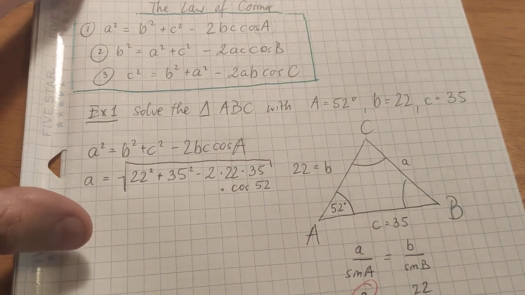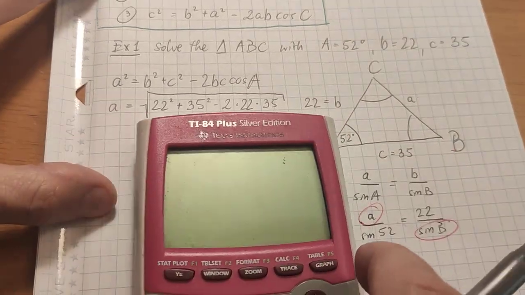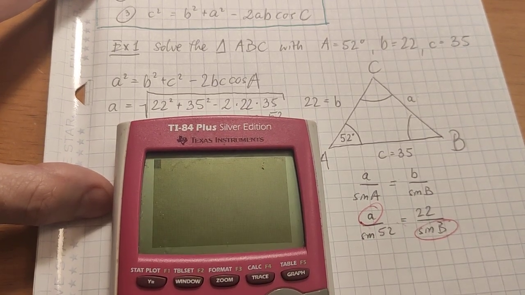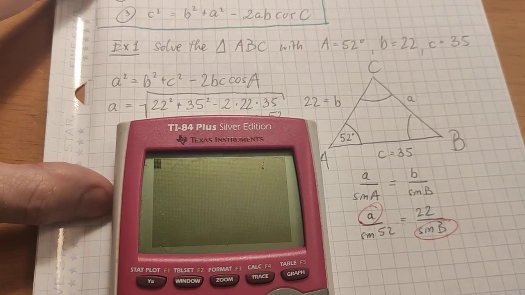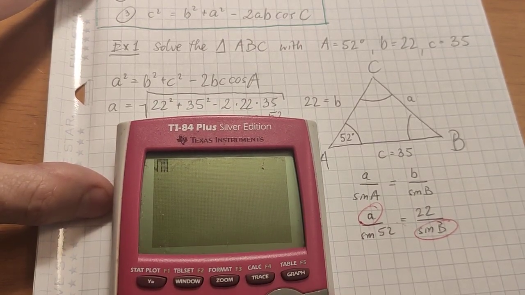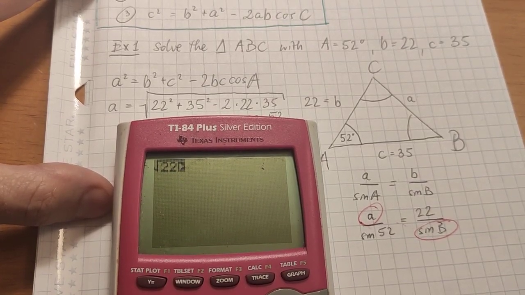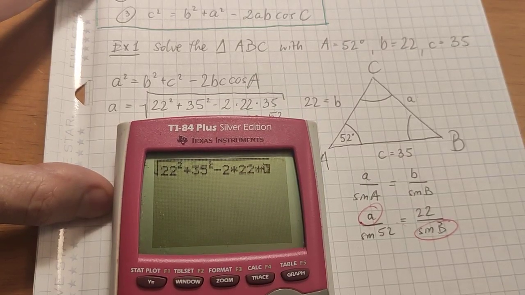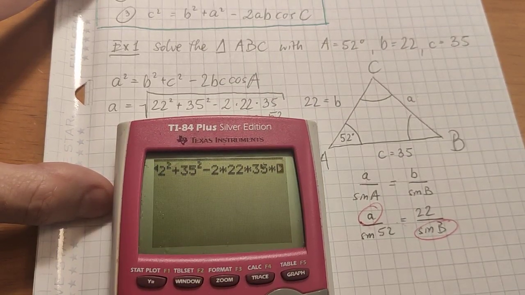I'll show it to you on the calculator just once. So I type the square root, 22 squared plus 35 squared, then minus 2 times 22 times 35 times cosine of 52.